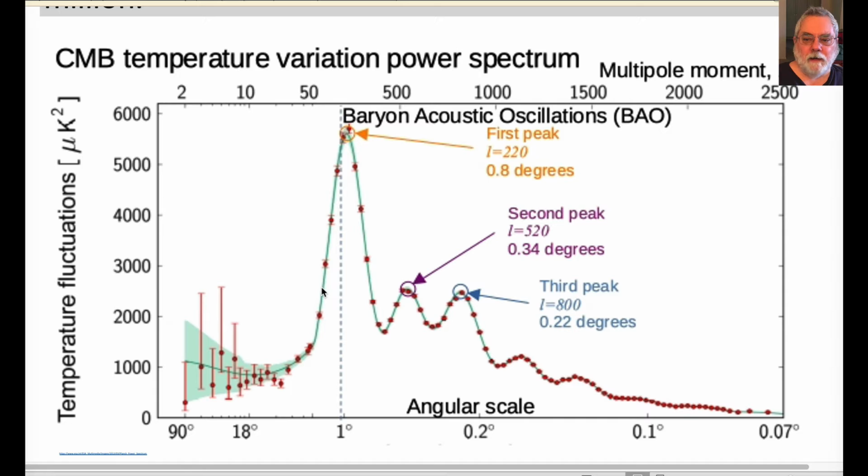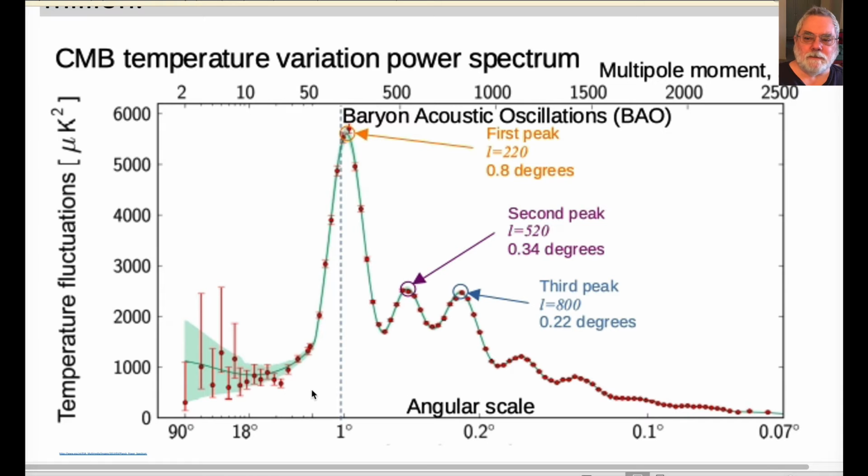The pale green area around the curve, this area, shows the predictions of all the variations of the standard model that best agree with the data, while the observations on small and intermediate angular scales agree extremely well with the model predictions.